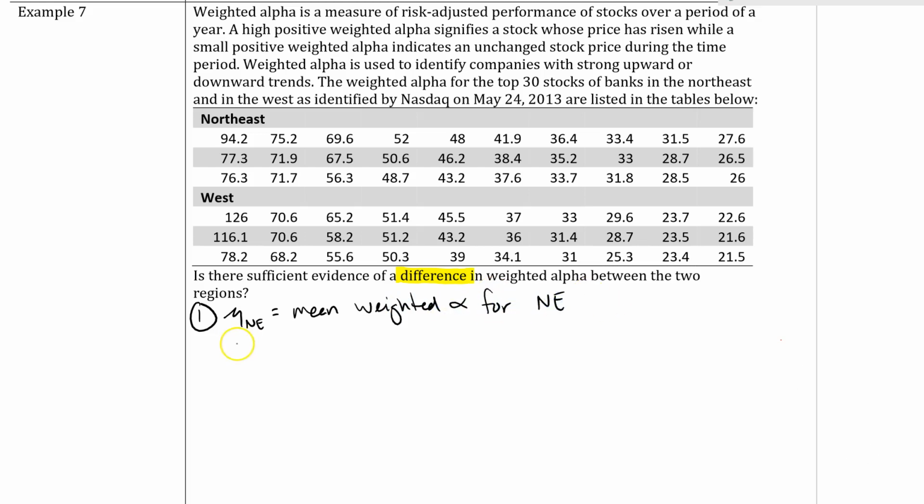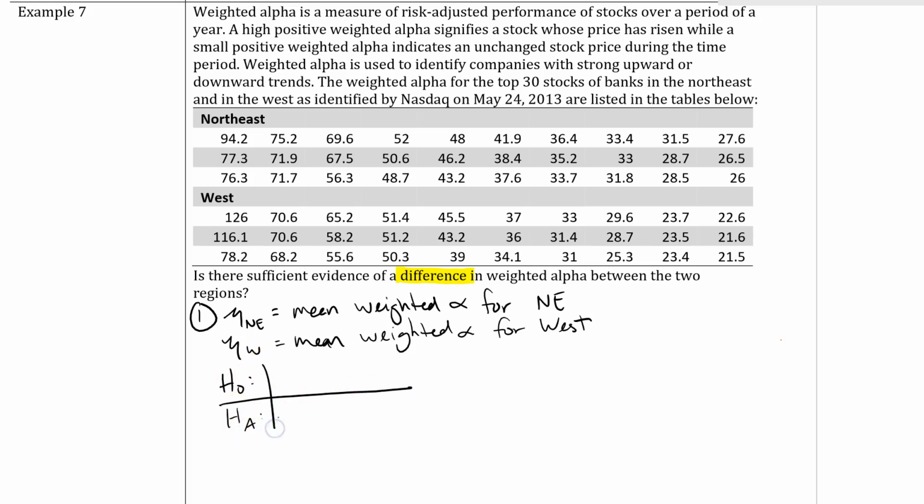And likewise, we'll let mu_W be the mean weighted alpha for the West. And of course, we're going to write our hypotheses. So we have the null and our alternative.